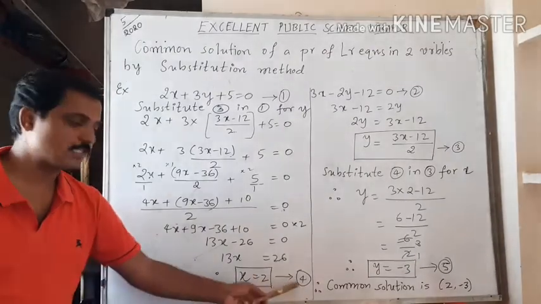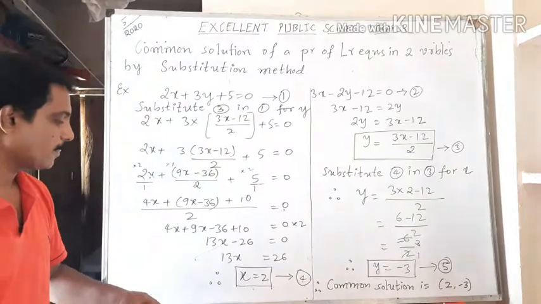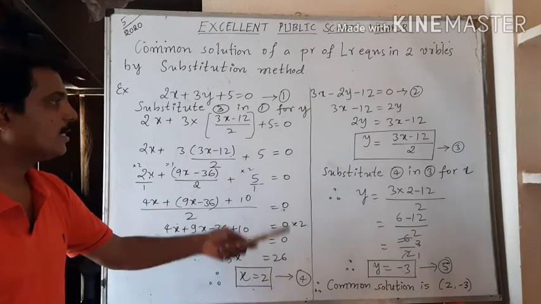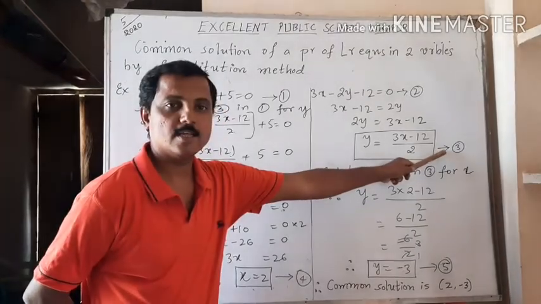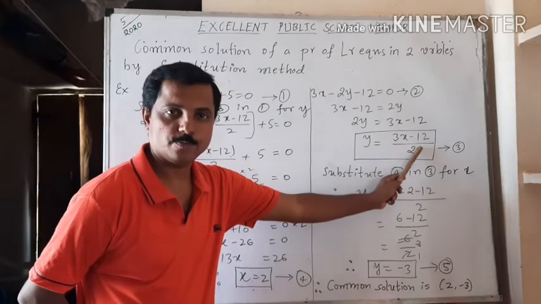Now I call this equation 4, right? Now what I will do is put x is equal to 2 in equation 3, where y is equal to (3x minus 12) upon 2.